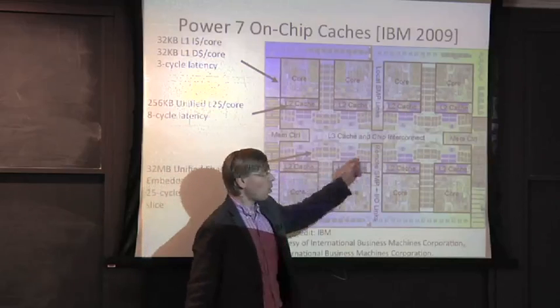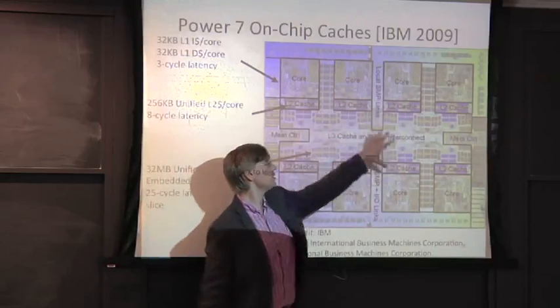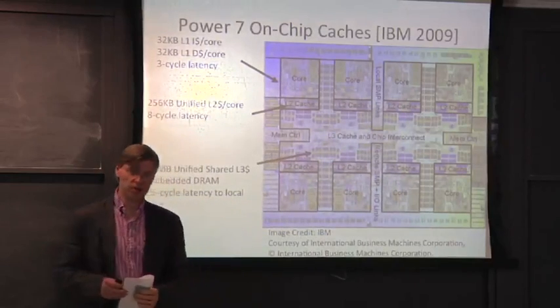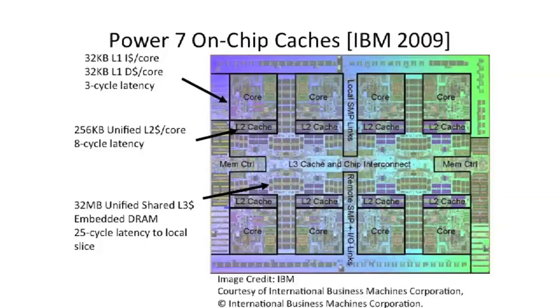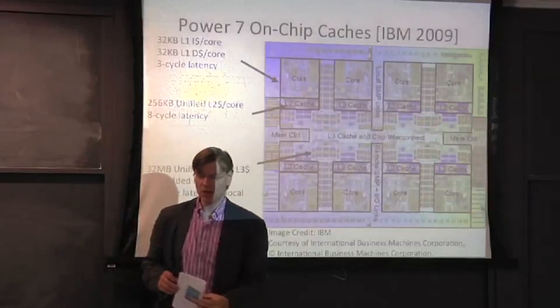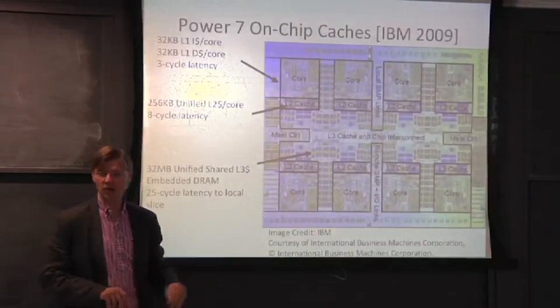There's private level 1 caches per processor, and then there is a big level 3 cache sitting in the middle of this processor. Well, what does this look like? We have relatively small level 1 caches: a 32 kilobyte L1I, a 32 kilobyte L1D cache, and latency is higher than our previous example.